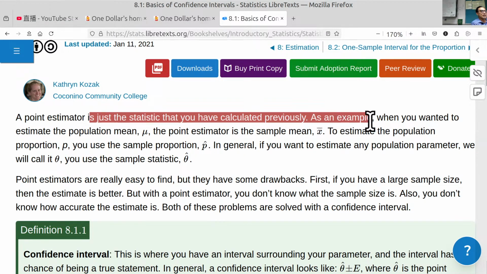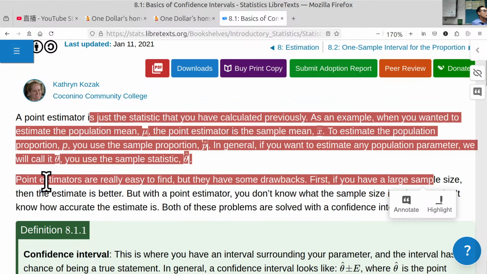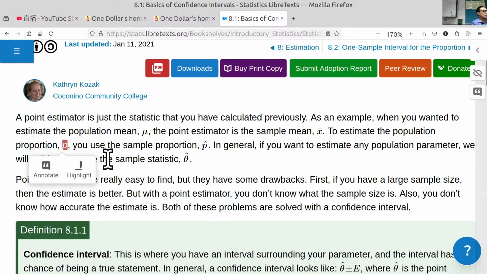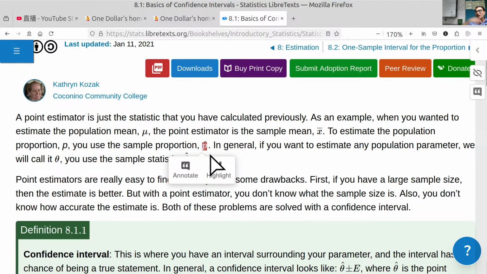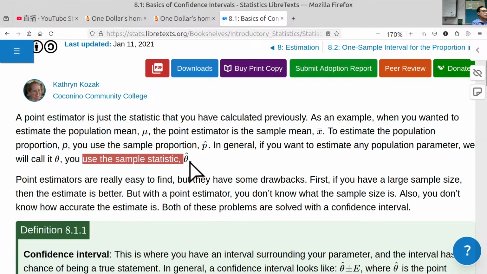As an example, when you want to estimate the population mean, mu, the point estimator is the sample mean, x bar. To estimate the population proportion, p, you use the sample proportion, p hat. There is a symbol hat, like wearing a hat over the head, p hat. In general, if you want to estimate any population parameter, we will call it theta, you can use the sample statistic, theta hat.